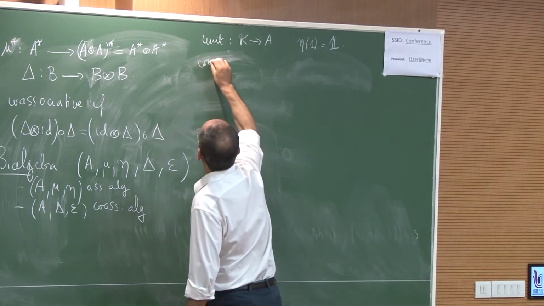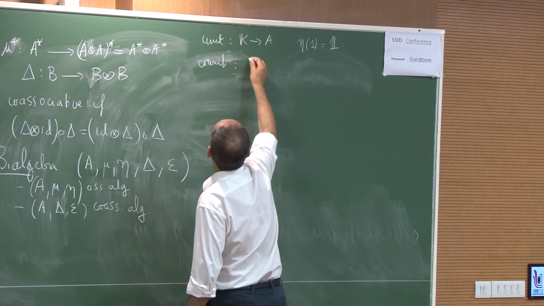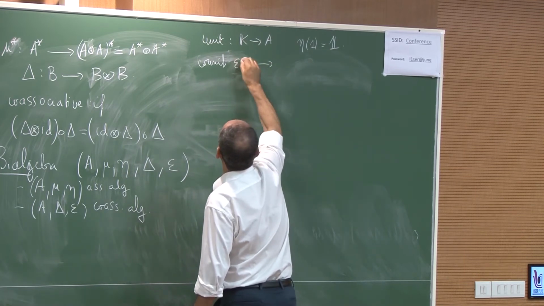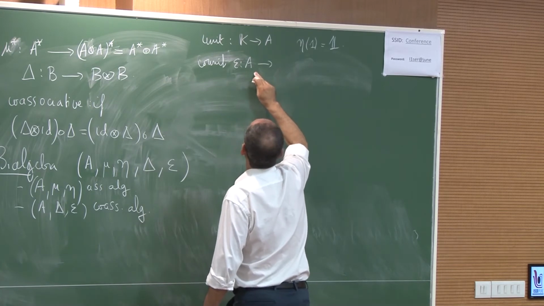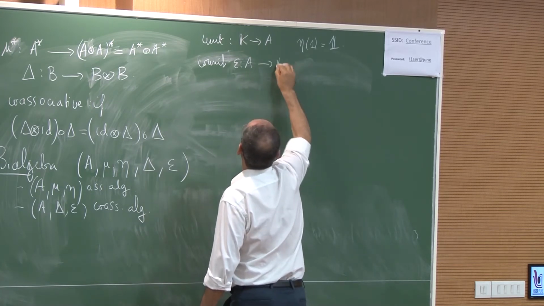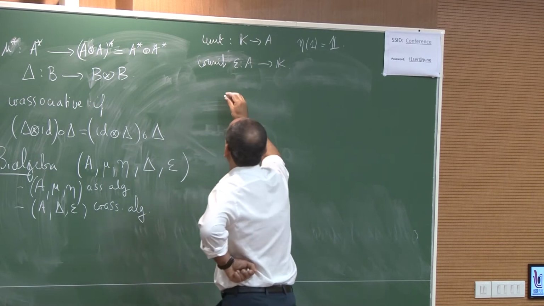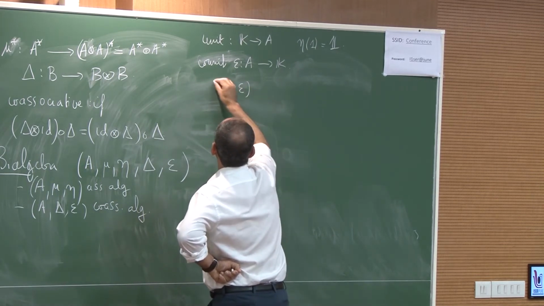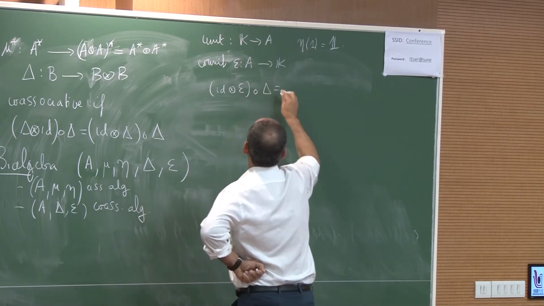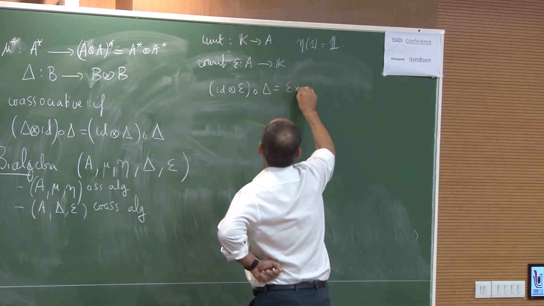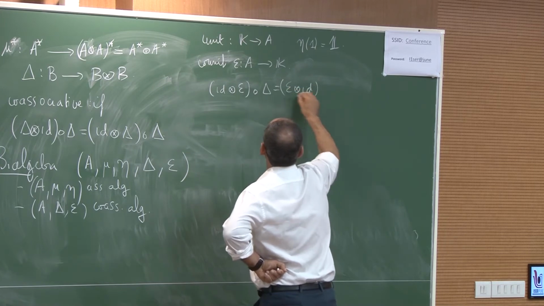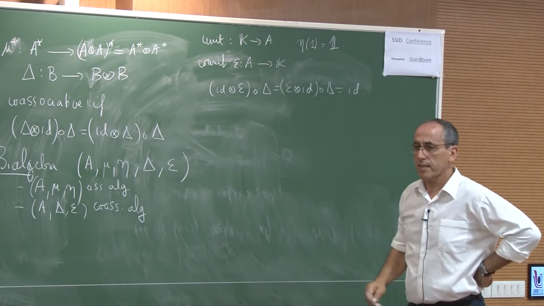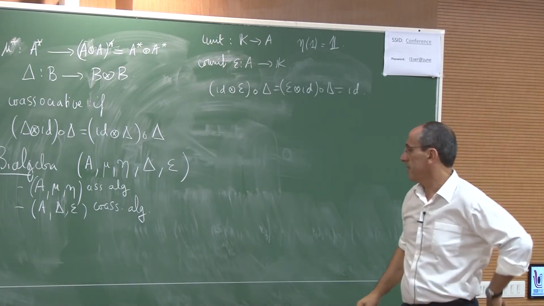Then the co-unit epsilon is a map going from A to K. And it should satisfy the following: identity tensor epsilon composed with delta should be equal to epsilon tensor identity composed with delta, and should be the identity. These are the co-unitarity axioms.